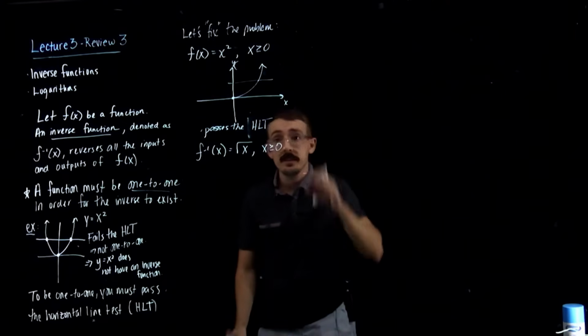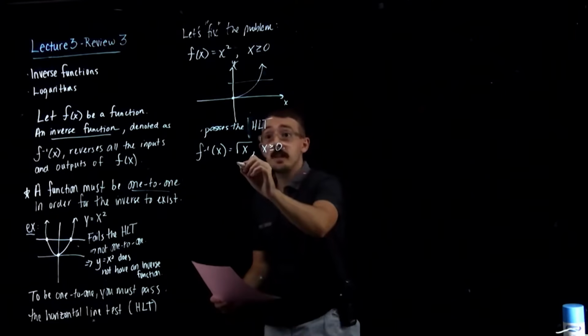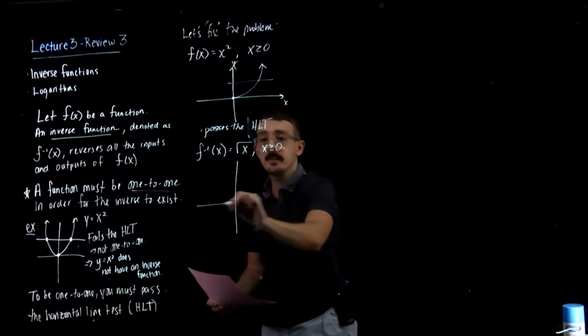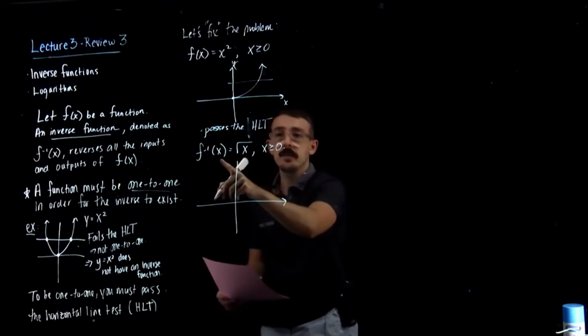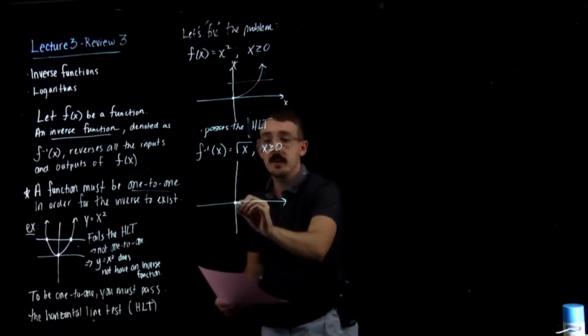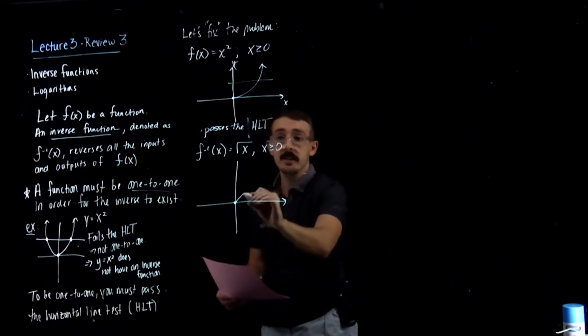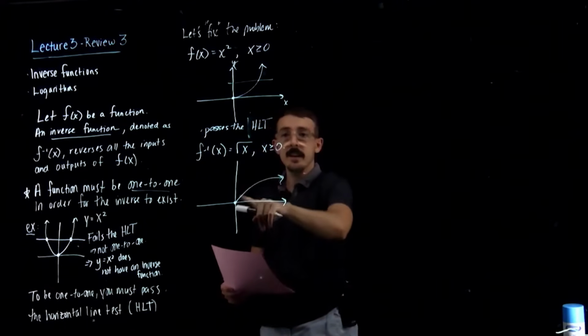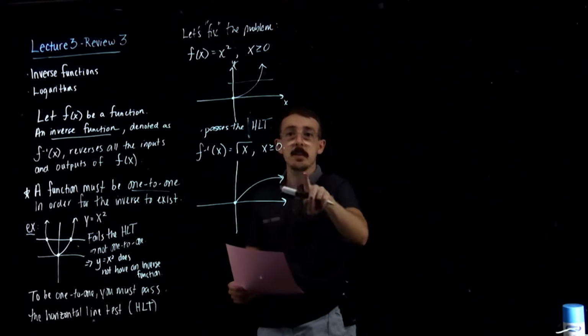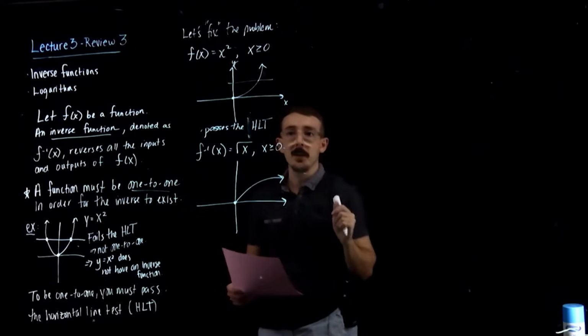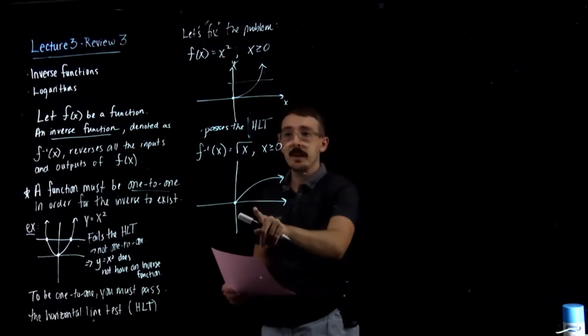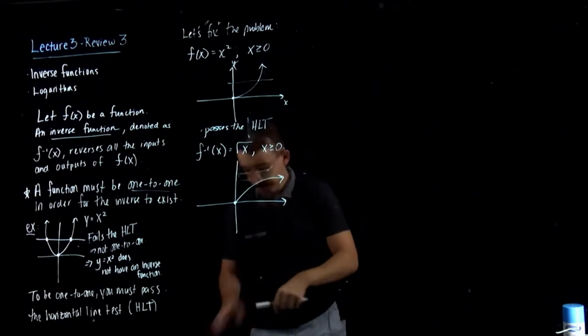If you were to draw these two graphs on top of each other, so first let me draw the square root of x graph. You may recall that it starts here and kind of looks something like this. It increases forever, but it is much slower than the y equals x squared graph.